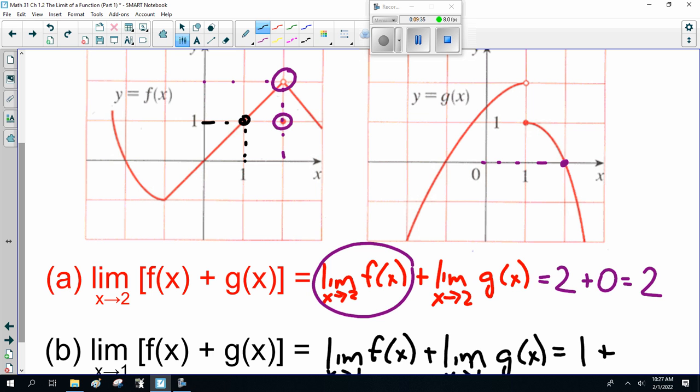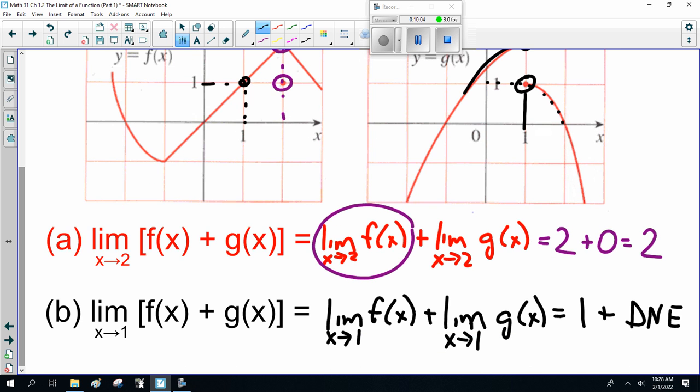Now, what happens with g of x as we approach 1? Coming this way, that's 1. Coming from the other side, it's approaching 2. So what is it, 1 or 2? Well, here we get picky. It doesn't exist. These are two different numbers, we can't choose one. So technically it does not exist. So this doesn't exist. We cannot calculate the limit as x approaches 1 of f of x plus g of x.